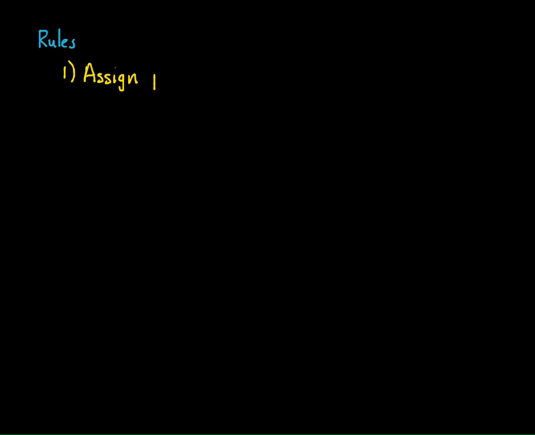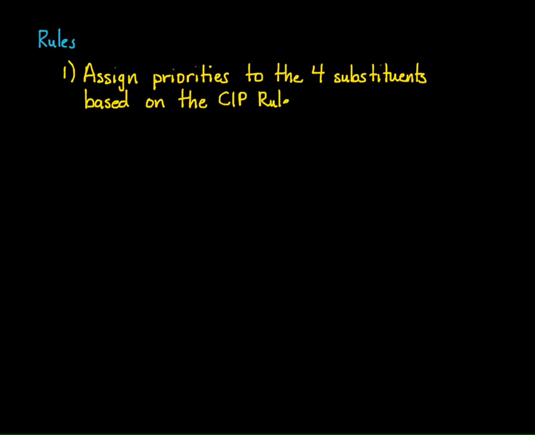So we're going to do the same approach. We're going to assign priorities to the four different substituents based on the CIP rules, the Cahn-Ingold-Prelog priority rules, right? So make sure, again, you review those rules. They've come up with alkene nomenclature. They're certainly coming up again with stereogenic carbons.